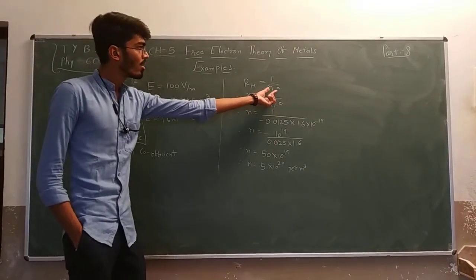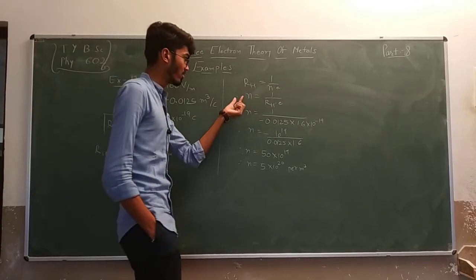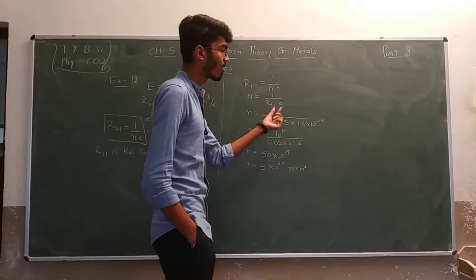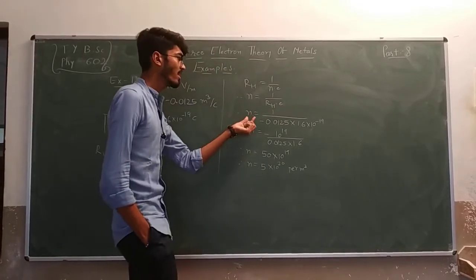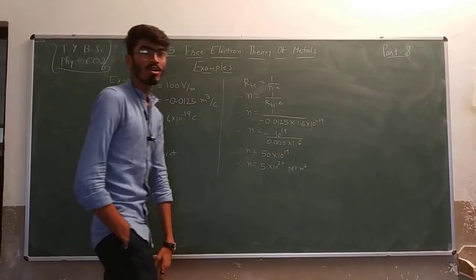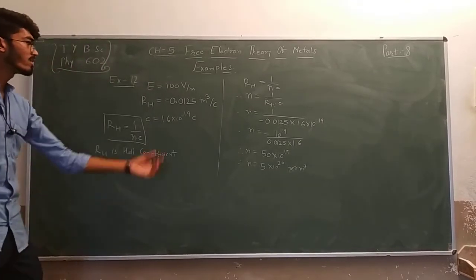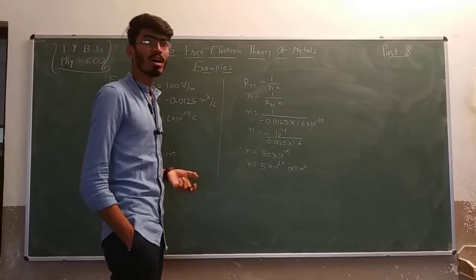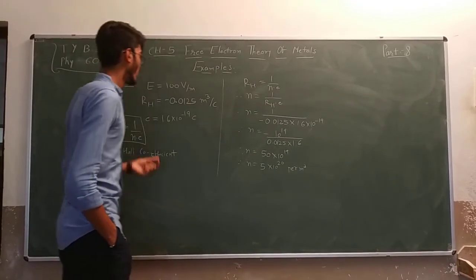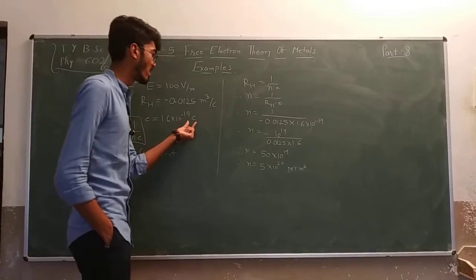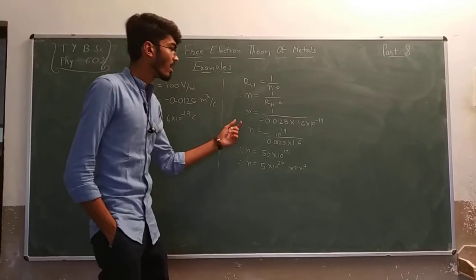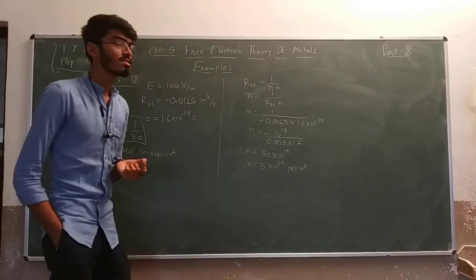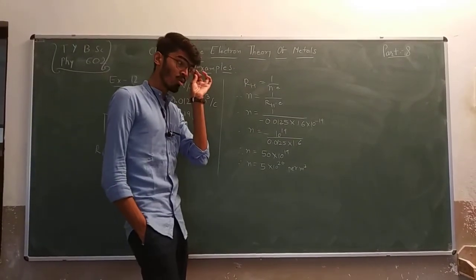So we know n is equal to 1 upon R_H into e. Put the value of R_H, minus 0.0125 meter cube per C, and e, 1.6 cross 10 raised to minus 19 C. Where is this minus sign going?